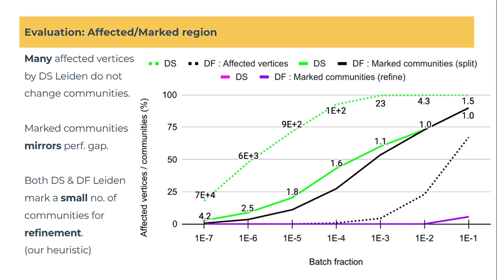Here we observe the affected vertices identified by delta screening and dynamic frontier, the fraction of communities that are marked to be split, and the fraction of communities that are marked to be refined. And here we observe that dynamic frontier has a smaller set of identified affected vertices and a small set of marked communities to be split, but is similar in the set of communities to be refined.